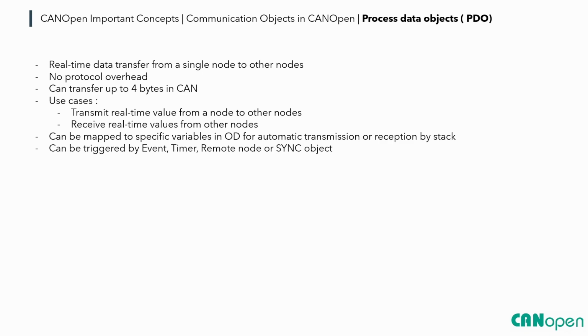Or a PDO can be transmitted by the sync object: whenever a node receives a sync packet in the network, it immediately generates the PDO after that. So that's it. Let's go to the next slide.